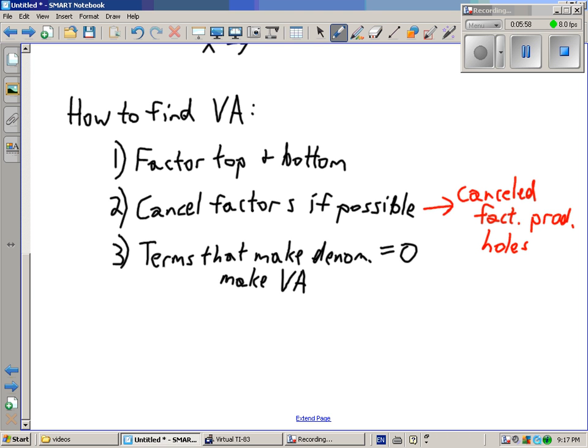So we have holes that can be produced by these factors, and we have vertical asymptotes that can be produced by these factors. Either way, we wind up with some factors in the denominator that could make it equal to 0. Therefore, the domain has to exclude them.